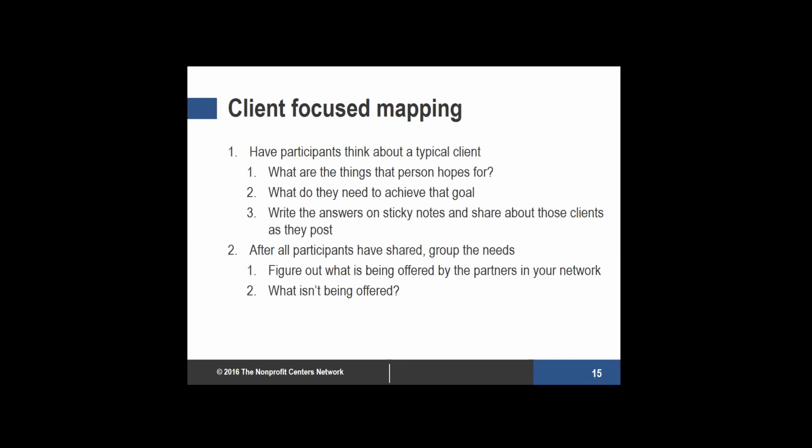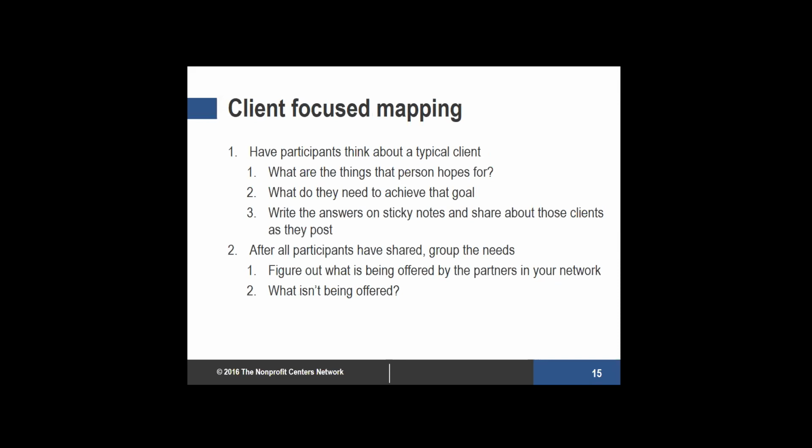I have them write down 3 things that typical client hopes for. What are they trying to accomplish? What are their big picture goals? And what are the 3 things that they need to achieve those goals? So as individuals in my group share out their hopes and their needs, we collect them on a large map or a sticky wall.